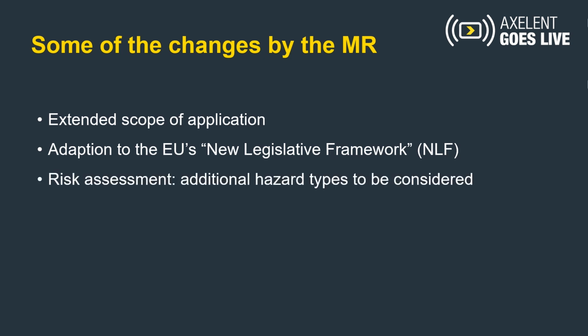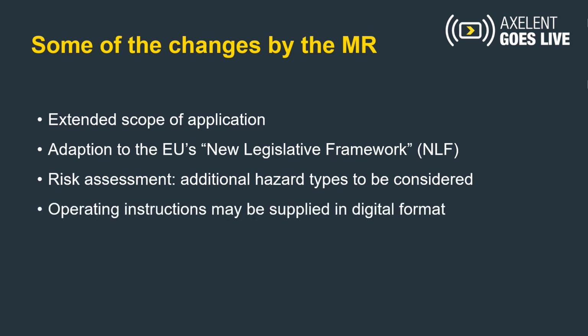Then there's new risk types that we will have to consider during risk assessment. And one that has been waited for a long time is that now operating instructions may be supplied in digital format. But surprisingly, very few actual requirements have been changed or added. So you could say it's more of a renovation than a revolution compared to the Machinery Directive.